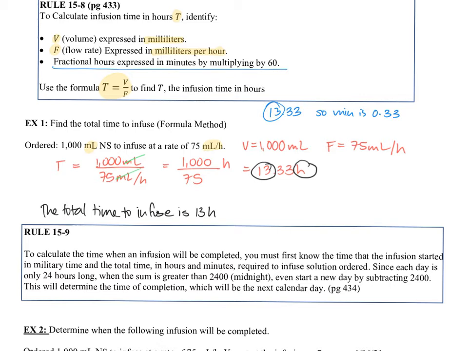To figure out what minutes is in terms of hours, we're going to multiply 0.33 by 60, which is going to end up equaling 20 minutes. So 13 hours and 20 minutes. So that's how we found the minute part. Remember, take that decimal part, multiply it by 60, and you'll get your total number of minutes.